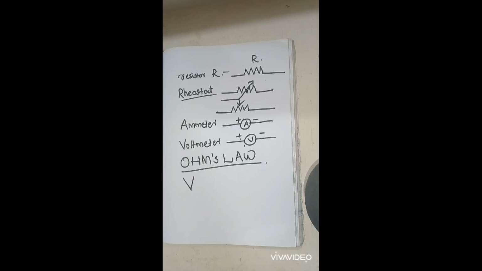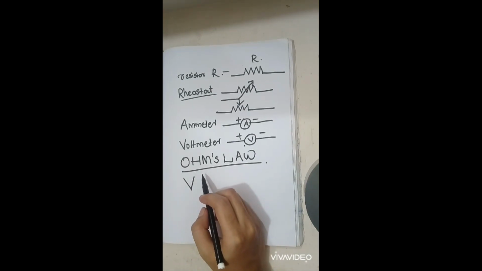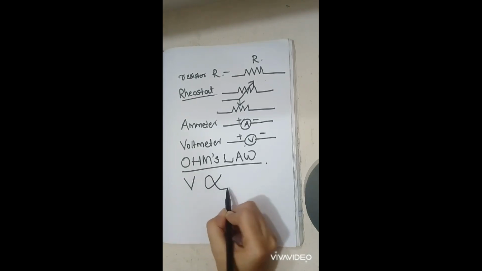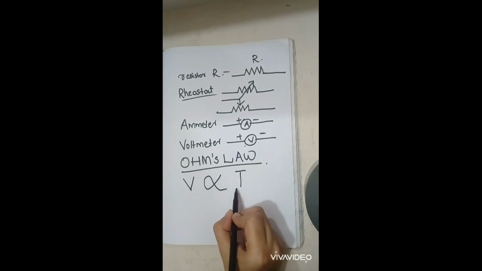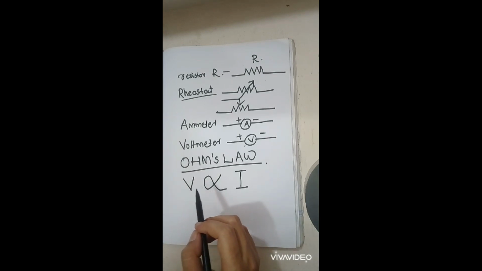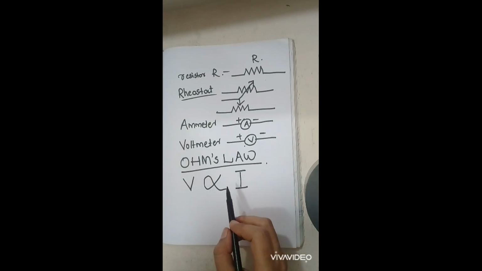Ohm's law states that the potential difference V is directly proportional to the electric current. That is, the potential V across the ends of a given metallic wire in an electric circuit is directly proportional to the current flowing through it.